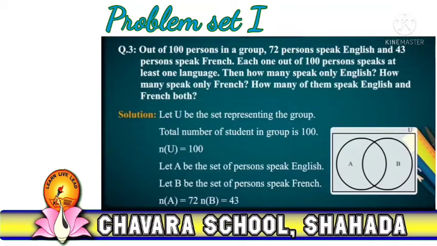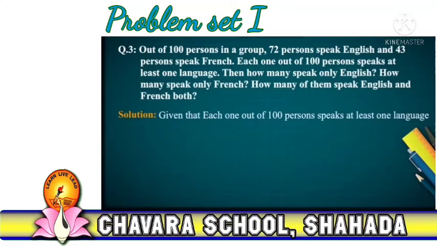As per the given information, each one out of 100 speaks at least one of the languages. Therefore, the number of A complement intersection B complement is equal to 0. That is, the number of set A union B is equal to the number of the universal set, which is equal to 100.